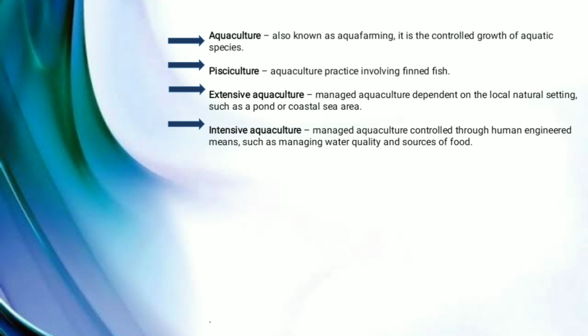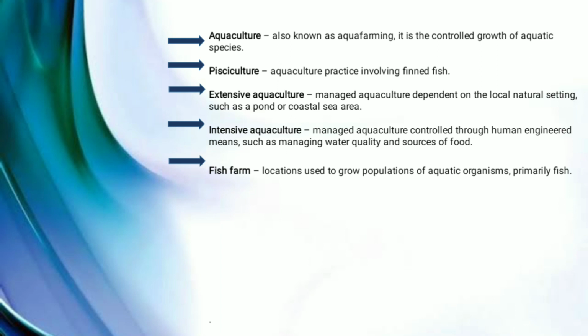You have to provide them feed because natural feed cannot fulfill their energy requirements. That is intensive aquaculture. Extensive aquaculture is the least managed, and you have to manage intensive aquaculture because the density is too high and natural feed cannot supply the demands of the fishes.